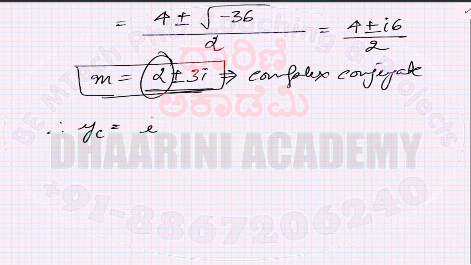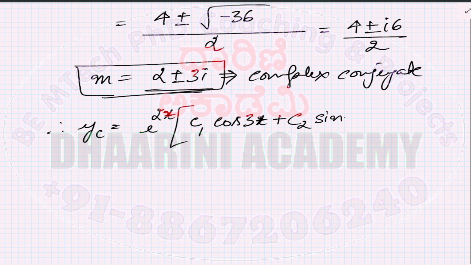So this is e to the power 2x into a constant C1 into cos of 3x, that's the imaginary part, plus a constant C2 into sine of 3x. So hold on to this equation as equation number 1.